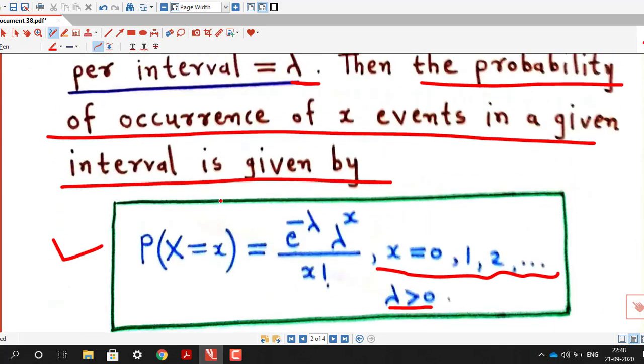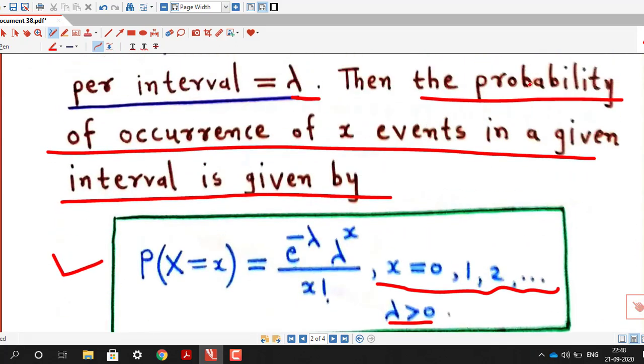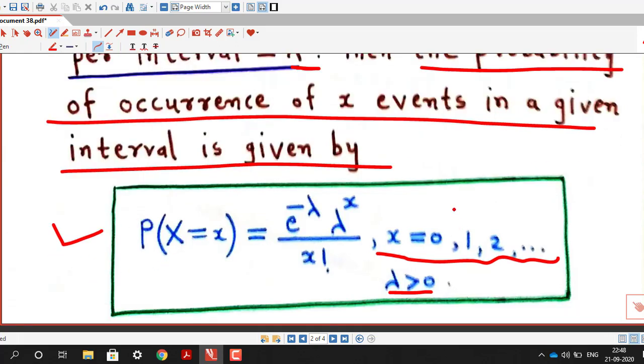So here we have to remember that the probability of occurrence of x events in a given interval is given by this formula: e raised to minus lambda, lambda raised to x, upon x factorial. This e is a mathematical constant whose approximate value is 2.718 up to 3 decimal places.